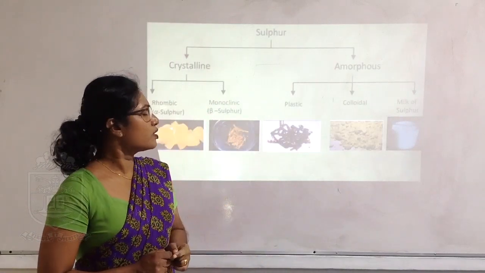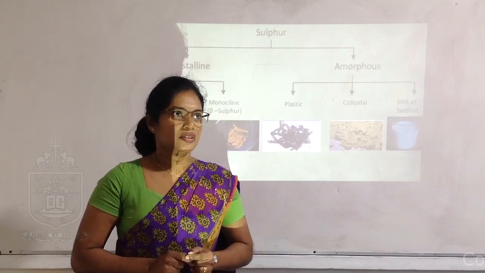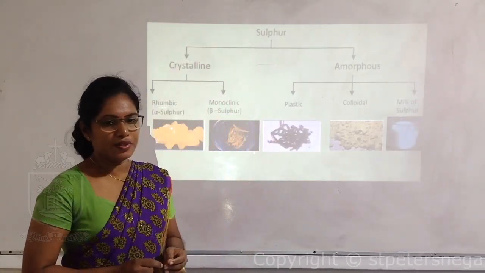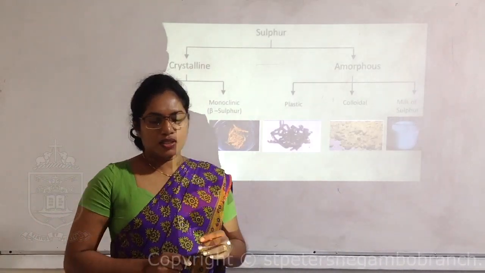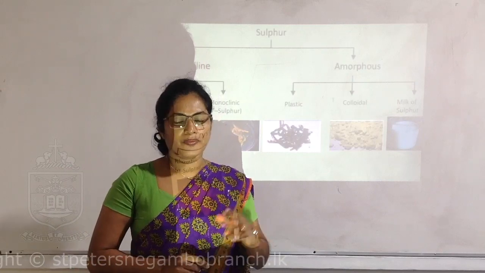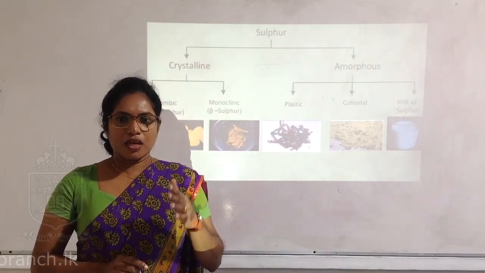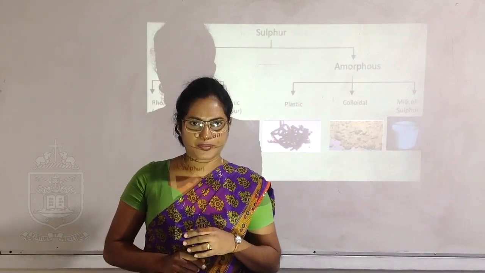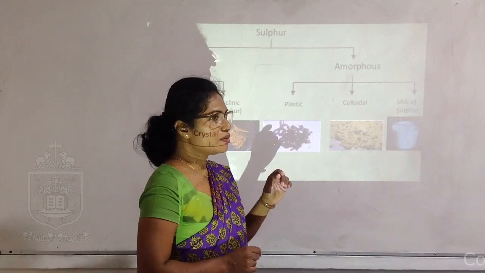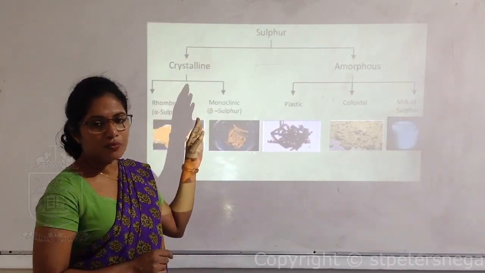Okay, after oxygen, we have to talk about another group 16 element, that is sulfur. Sulfur exists in two forms, crystalline sulfur and amorphous sulfur. If we take the crystalline sulfur, it also exists in two allotropes.